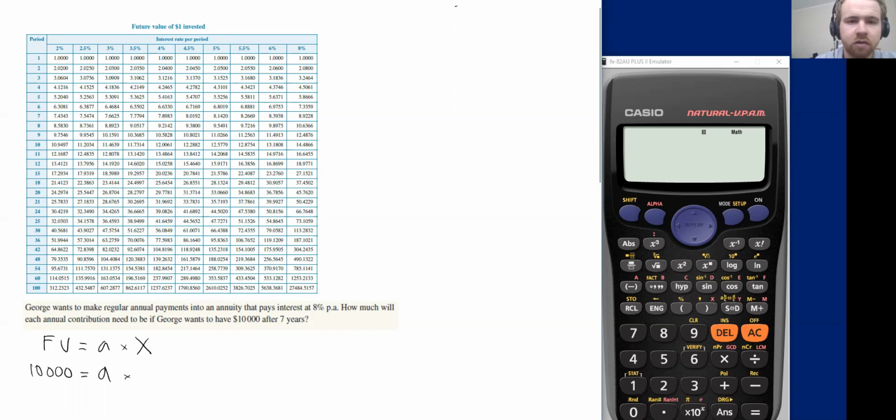So we don't need to convert anything because they're in the same time frame. So we look, and it's going to be 7 years at 8%. So here's our 7, here's 8%, and we can find our value here on the table. So we've got 8.9228 as our value for X.